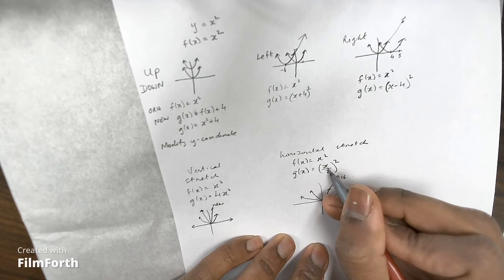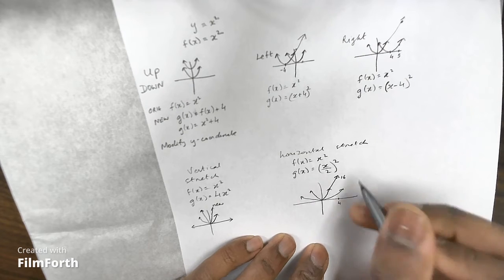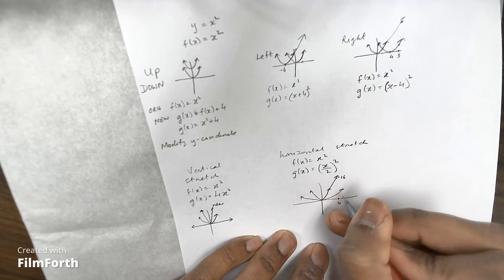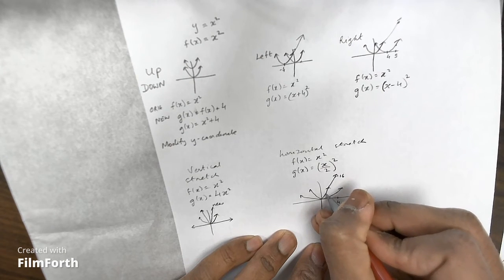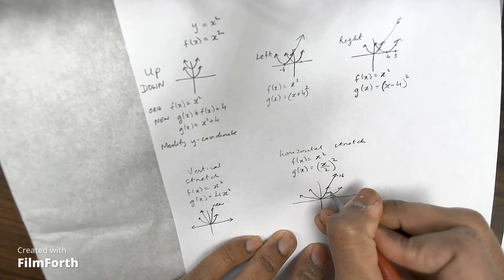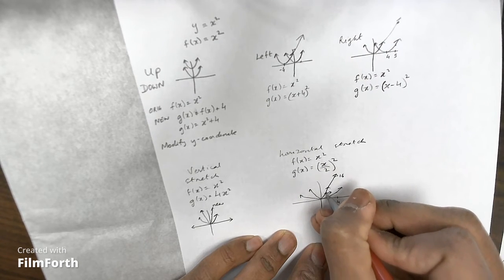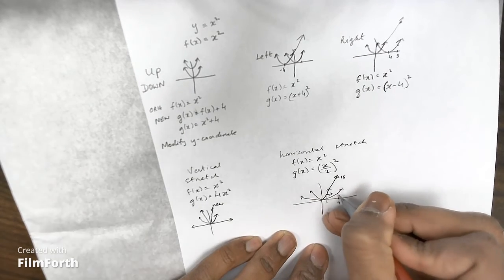So what I'm saying is, for x equals 4, I instead divide the x by 2. So 4 divided by 2 is 2, and 2 squared is 4. So I'm taking the value from here and putting it there. I'm taking the value for x equals 2 and I'm pushing it at x equals 4.